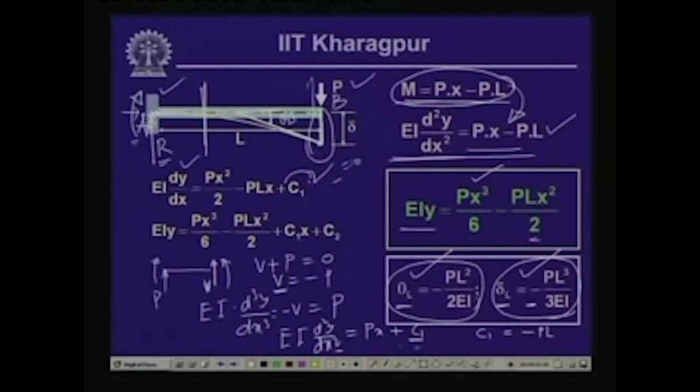Now, if we substitute the value of C1 over here, we get EI d2y by dx2 is equal to Px minus PL, and that is the point where we had started, that M is equal to Px minus PL, and then we integrated after substituting in this differential form, and obtained these values. So, even if we start from the expression EI d3y by dx3 equals minus V, we arrive at the same value. So, you can employ any of these forms of the governing differential equation, that means EI d2y by dx2 is equal to the bending moment M.